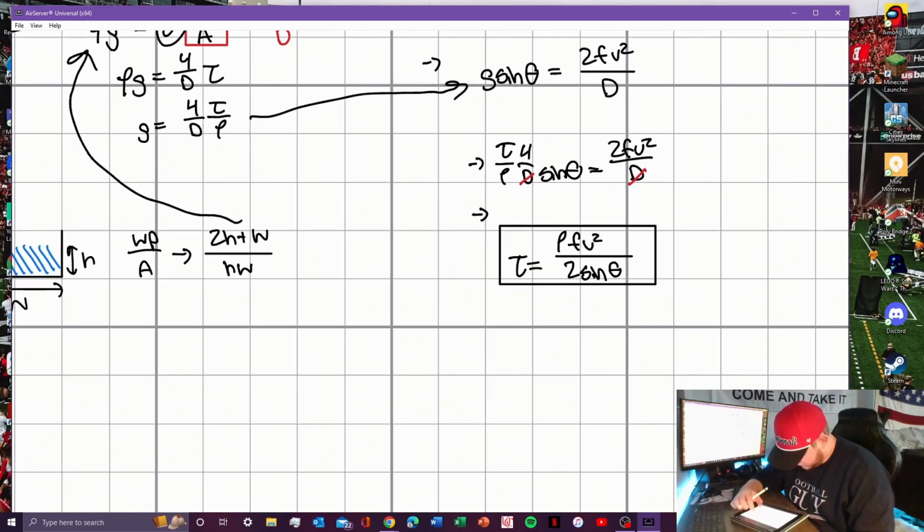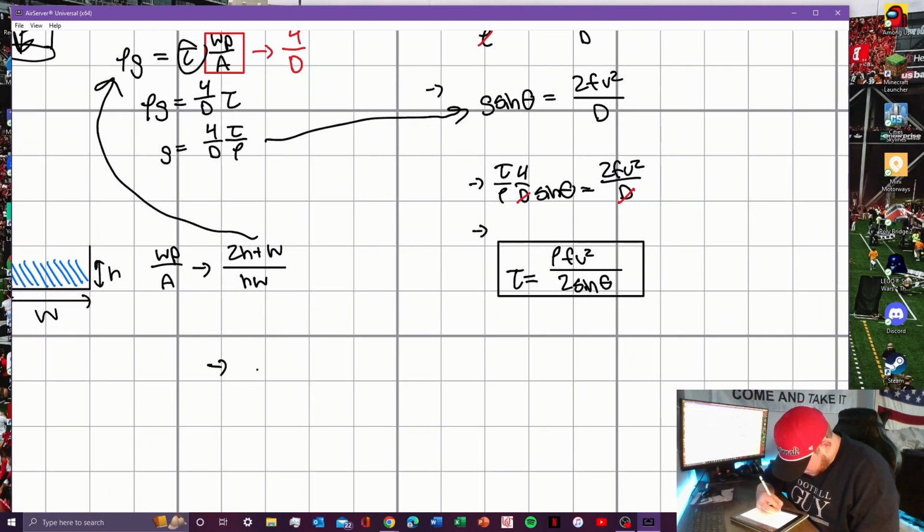So we can put all of this together, and we would be left with rho g is equal to tau, which is rho f v squared over 2 sine theta, times 2h plus w over hw, and then these rhos will cancel.